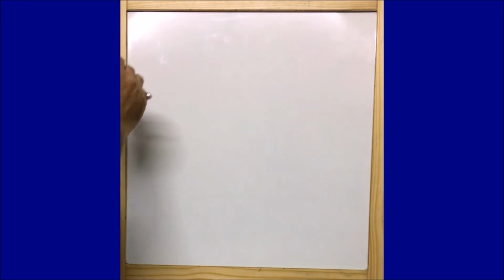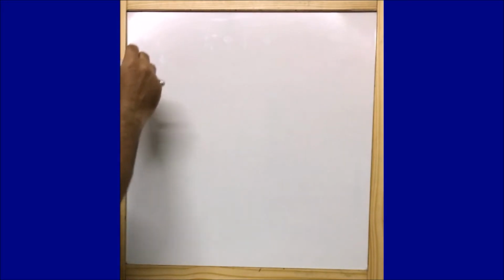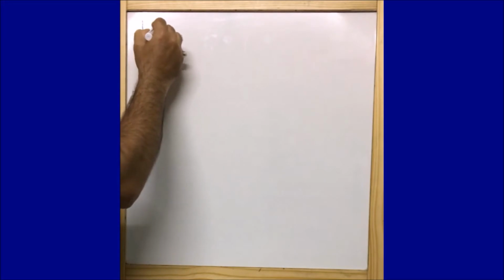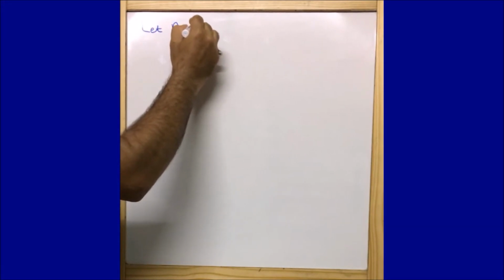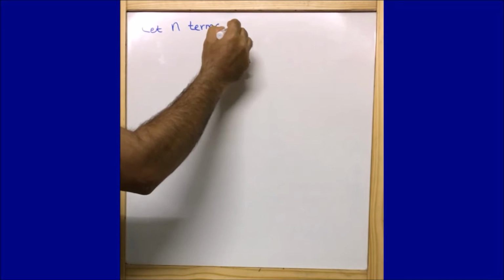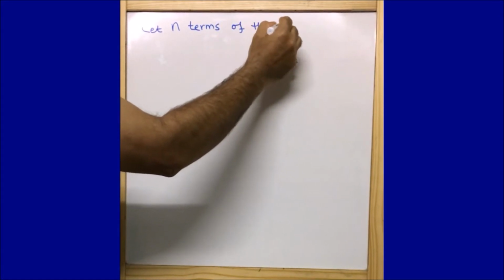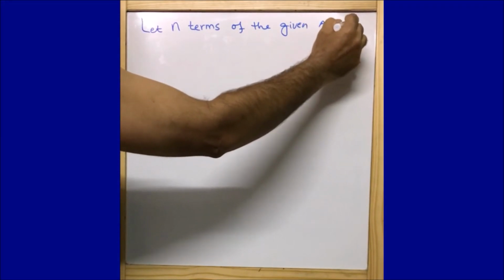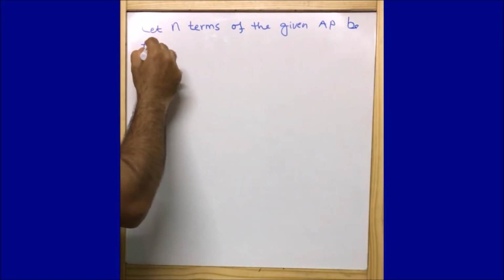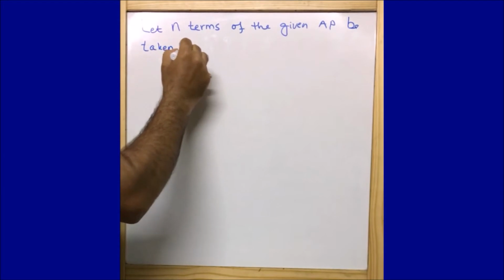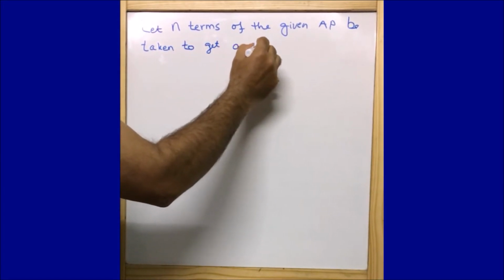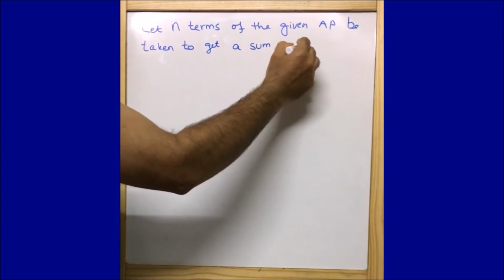So let us first let n terms of the given AP be taken to get a sum of 636.